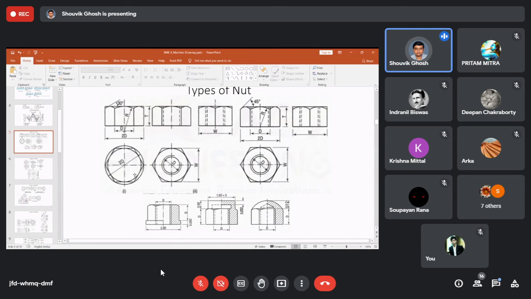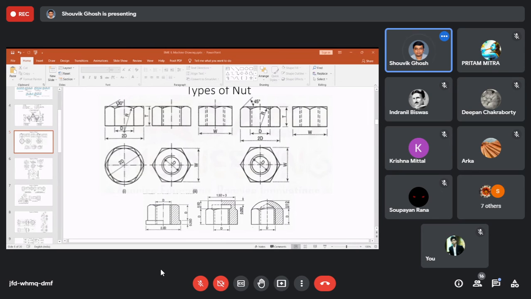So the outer portion of the nut, that is outwards towards the screw, will face the maximum stress. Thus, to nullify that stress, that portion is rounded.